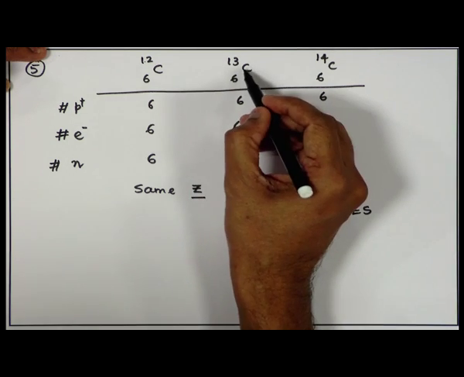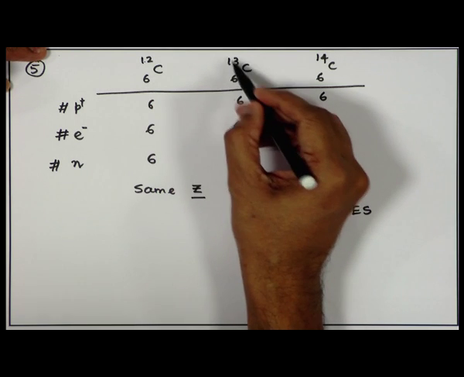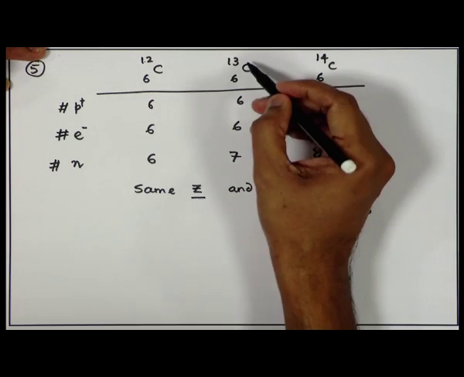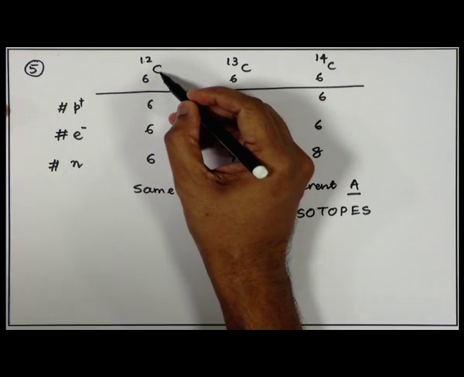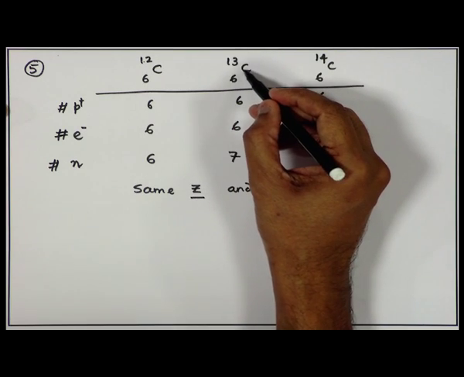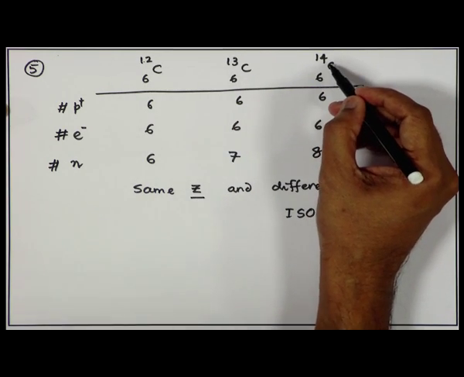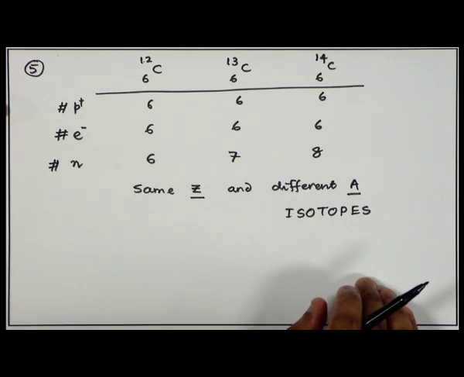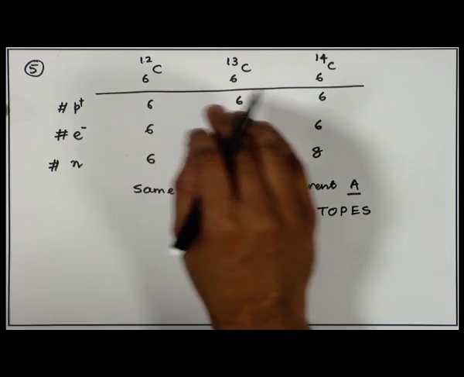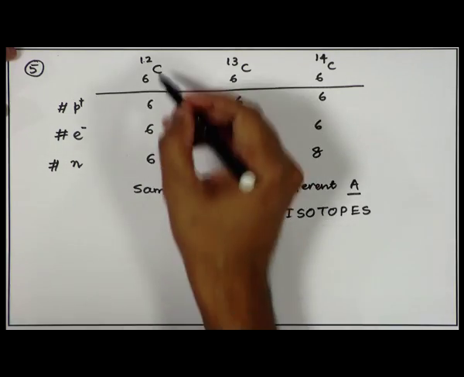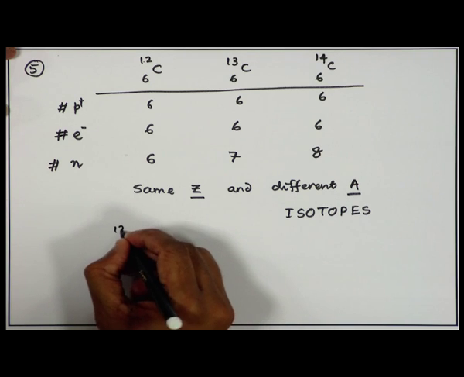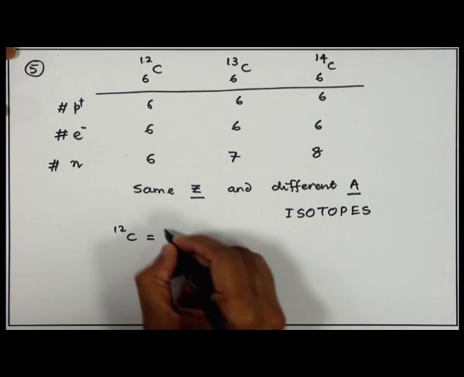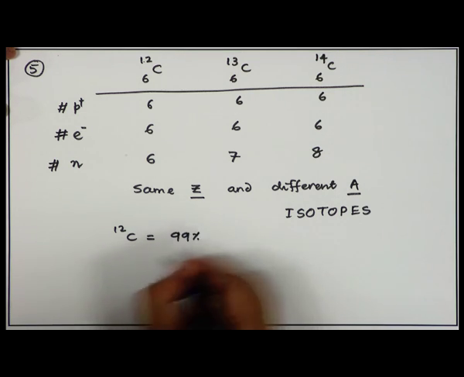So, carbon 12, carbon 13, carbon 14, they are 3 different isotopes of carbon. In nature, sometimes you would see carbon 12, sometimes carbon 13, sometimes carbon 14. Whenever we talk about isotopes, they also come with their natural abundance. For example, C-12 is the most abundant carbon form, almost 99%.